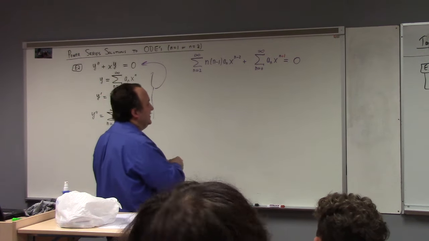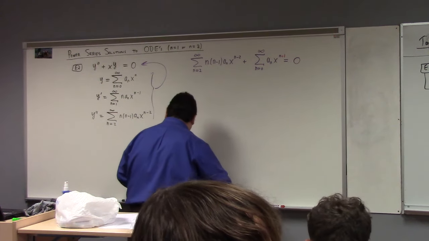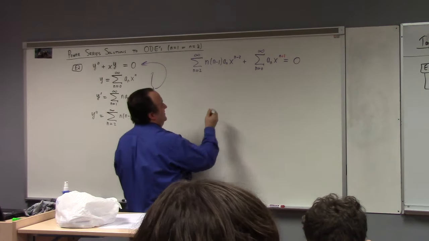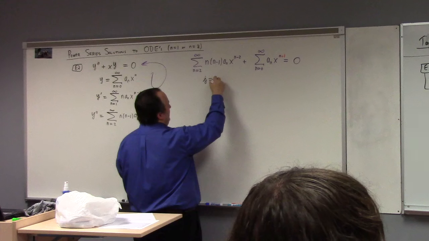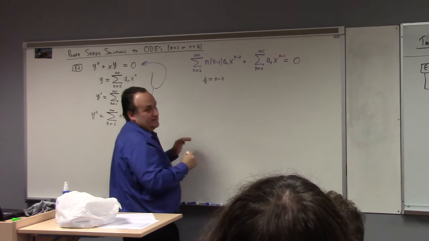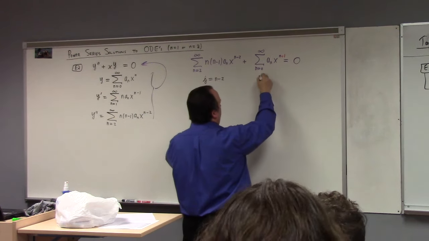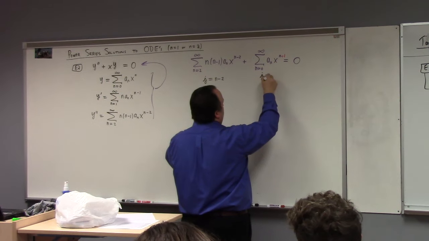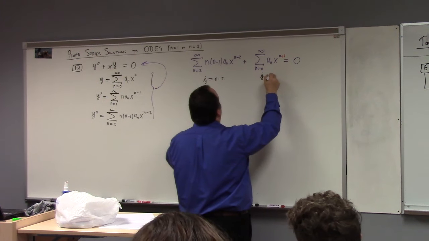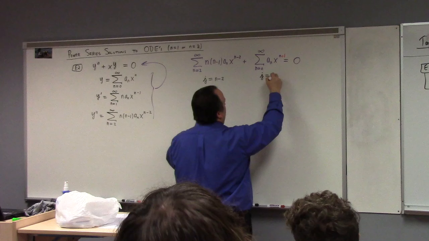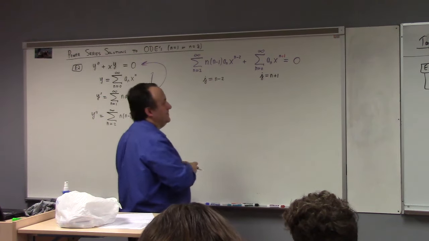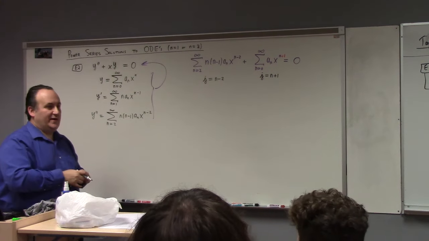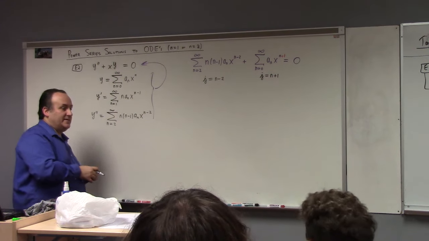Anyway, what we're going to do is let j equal n minus 2 for this one, and let j equal n plus 1 for this one. If I do that, then that will make these look the same, right?